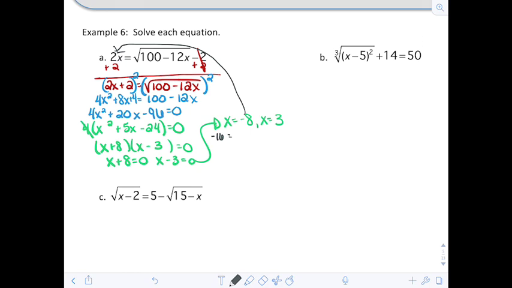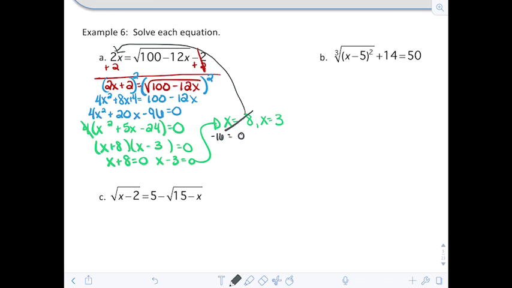And on the right, I would have 100 minus 96, which is 4. The square root of 4 is 2, but then I would have 2 minus 2, and that does not equal negative 16. I would get 0. So negative 8 does not work.